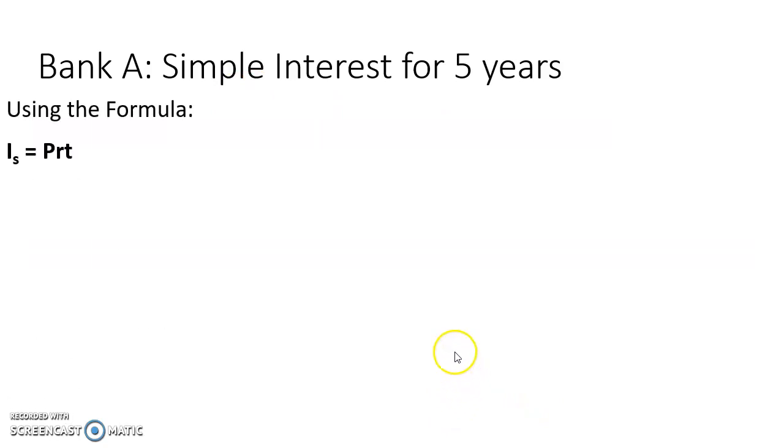Now, using the formula, simple interest is P times R times T, where I subscript S is interest, capital letter P is the principal amount, small letter R is rate, then small letter T is time.